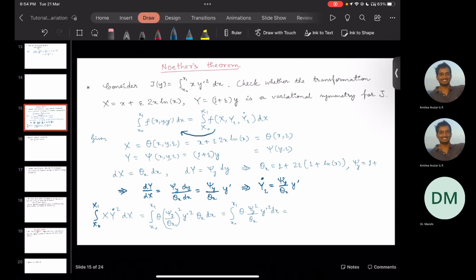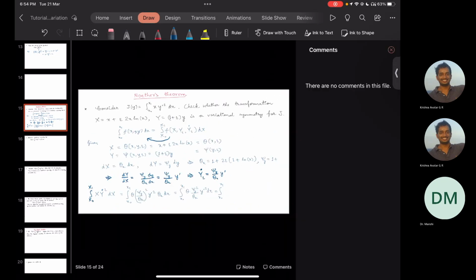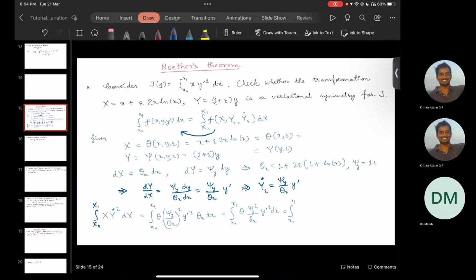Okay, now let's substitute the expressions. Here theta, taking x as a common factor, we can write as x times 1 plus 2 epsilon ln of x.